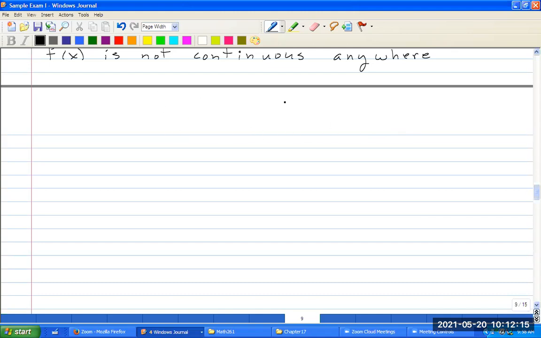So let x be some number between n and n plus 1, for n being some whole number. Actually, it doesn't have to be a whole number.